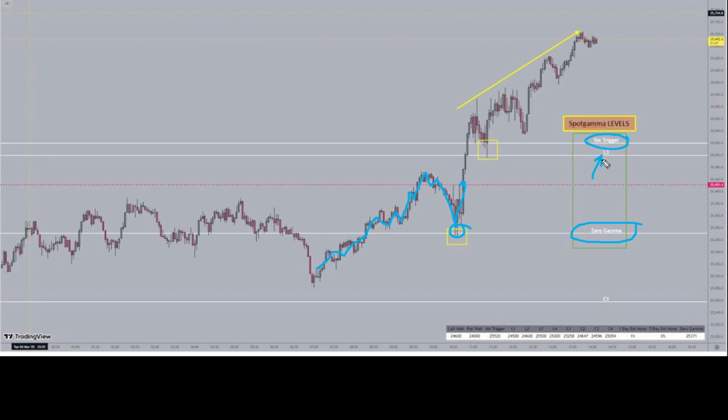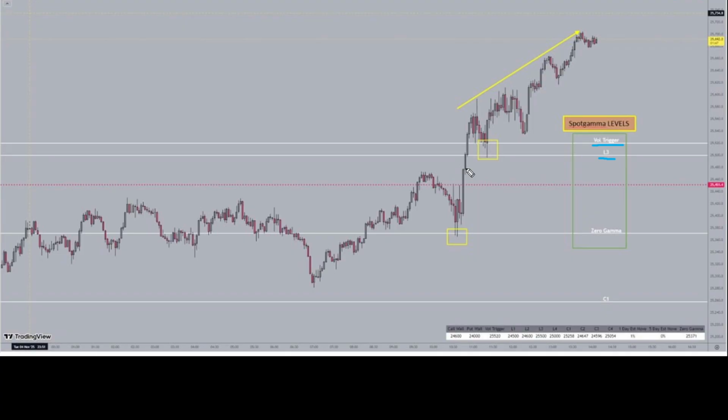Remember that L3 is the third important large gamma. Price broke and made a pullback here and retests the two GEX levels. One of these is L3 and the other the volatility trigger.